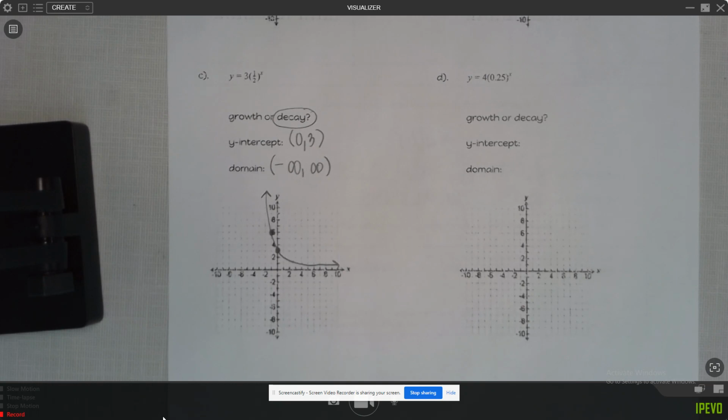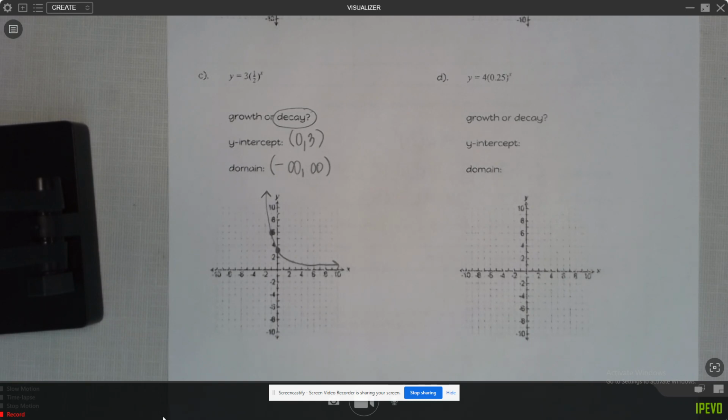Do this one for me. They're right there. 38%.